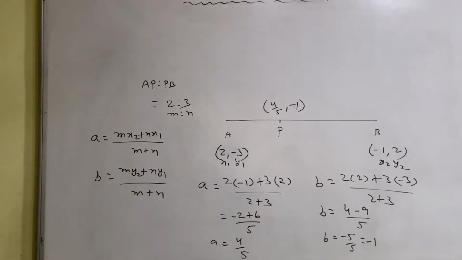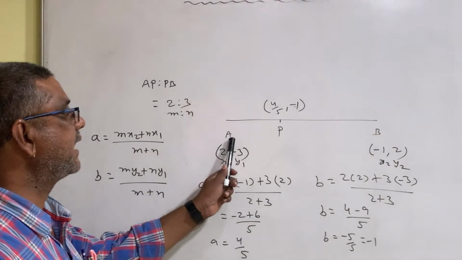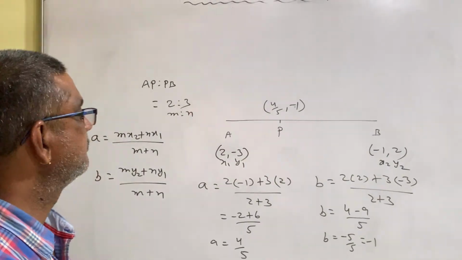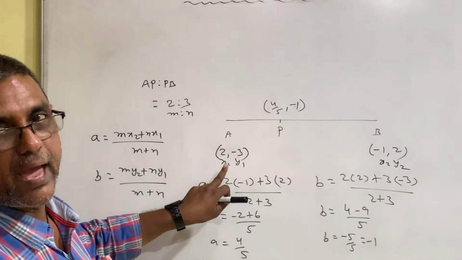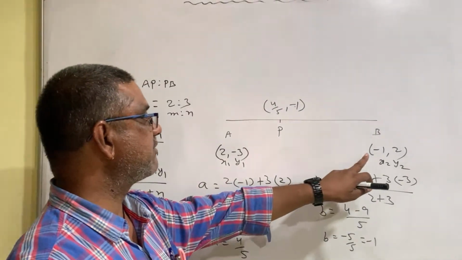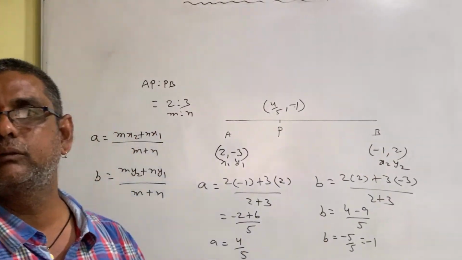Once again I'll teach. See, there is a line segment AB. Coordinates of A 2, -3. Coordinates of B -1, 2.